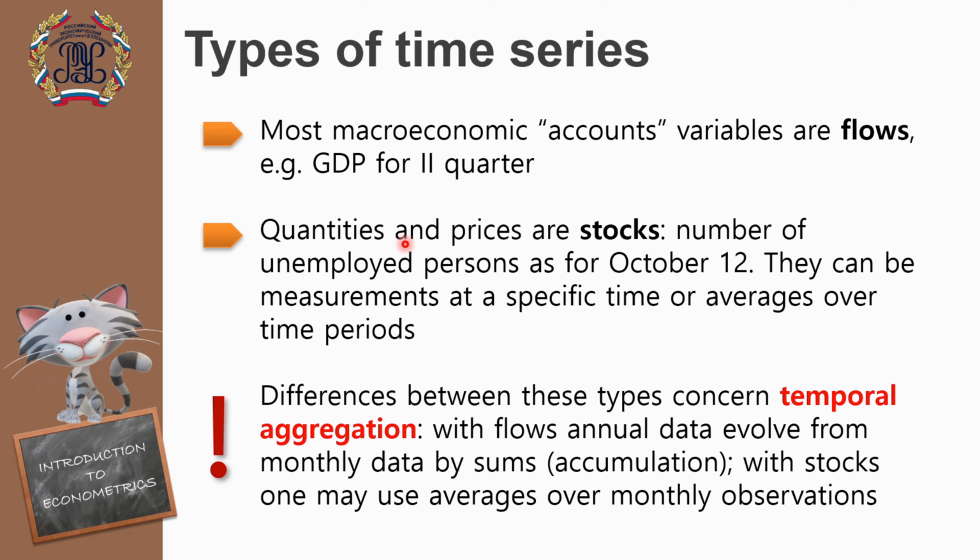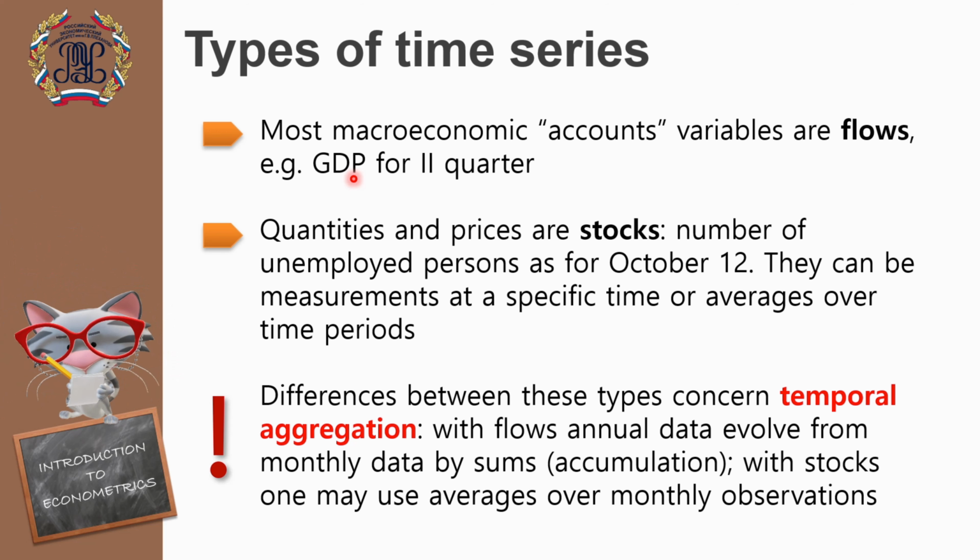And the main difference between these types, flows and stocks, concerns the temporal aggregation. For example, with flows, annual data evolve from monthly data by sums. If you want to compute the annual GDP, you sum up the GDP for the first quarter, second quarter, third quarter, and the fourth quarter.